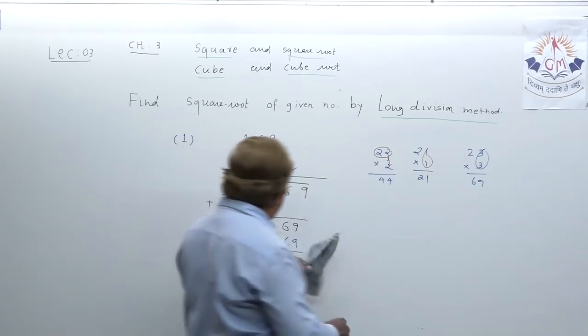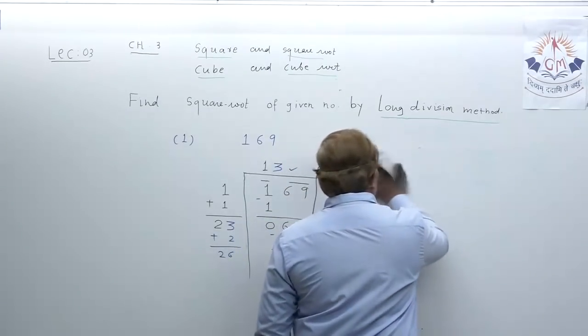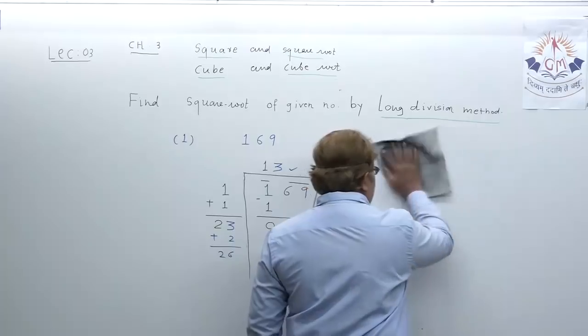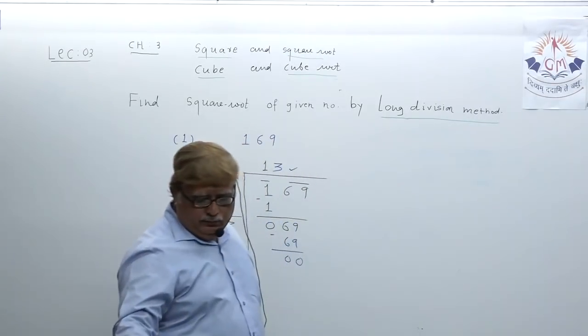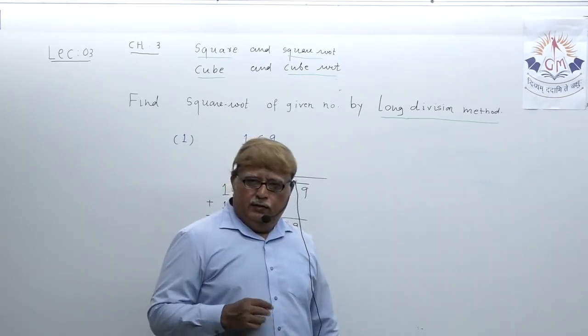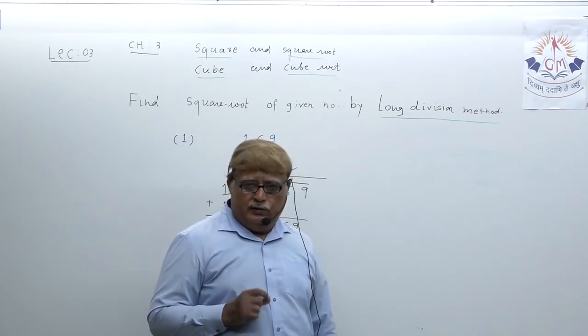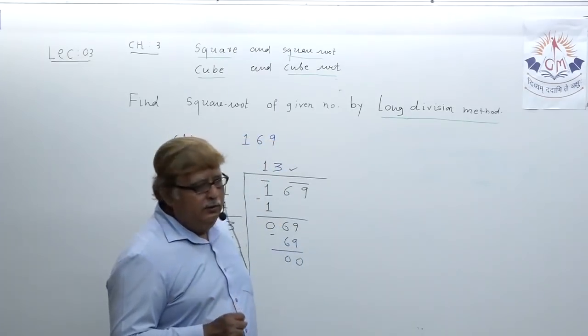I am not erasing this on purpose. Let me write another example whose square root you already know, but I am doing it, and we are doing such examples on the board for your clear understanding.